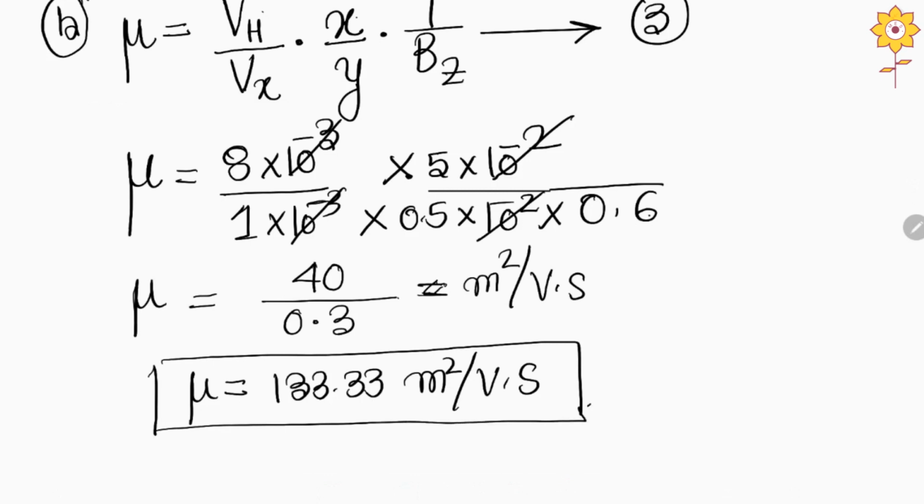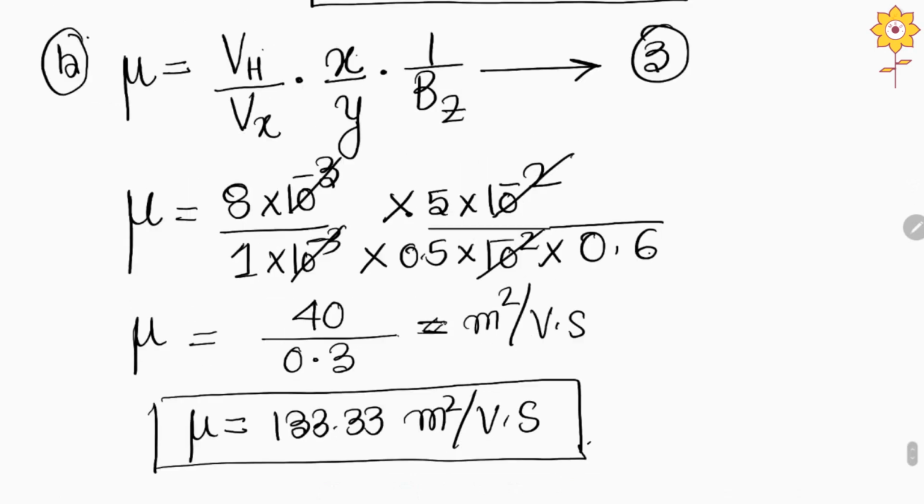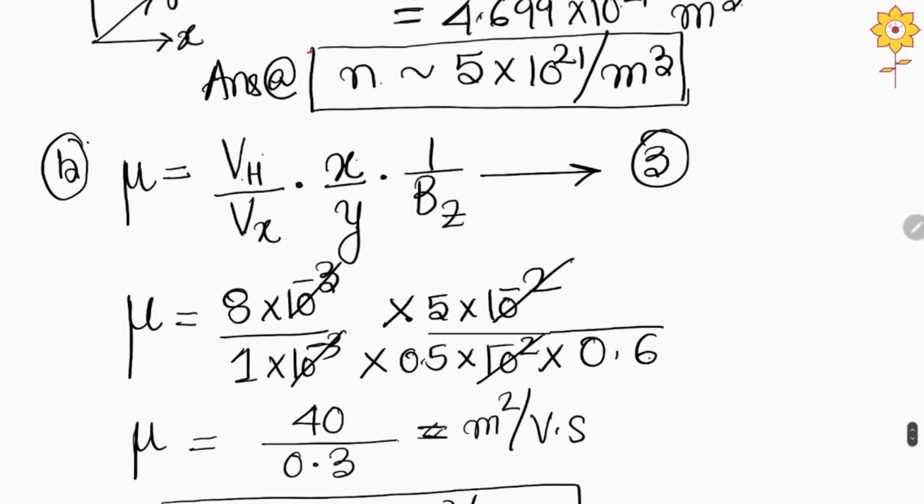So this is it students, and this will be your mobility. Once again, let me remind you that the Hall voltage is 8 millivolts, which has been given to you.